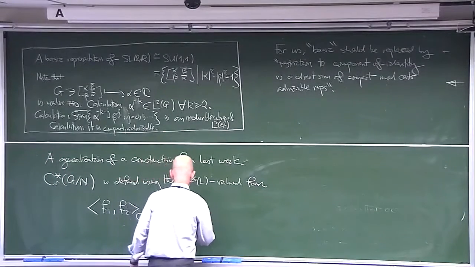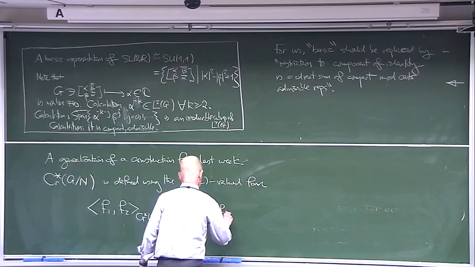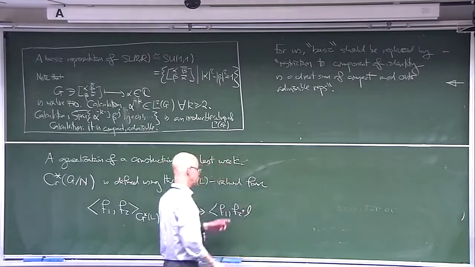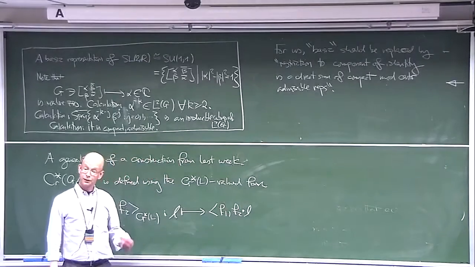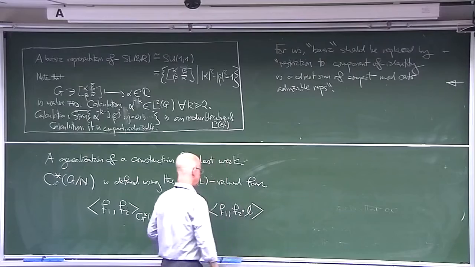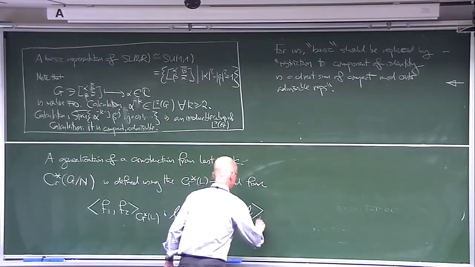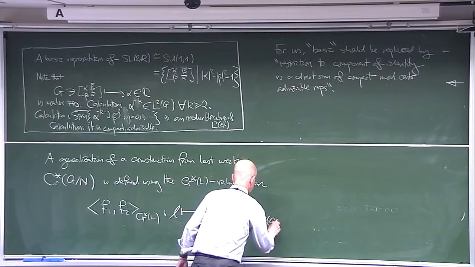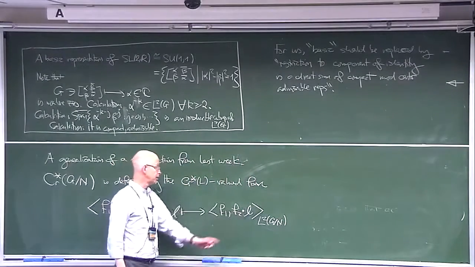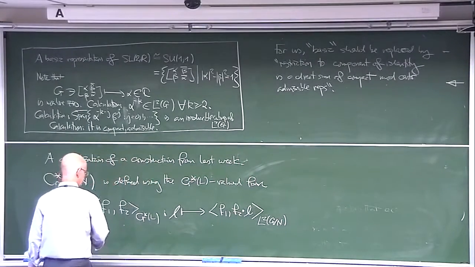It sends L to this: I'll take F1, and I'll take F2, and I'll translate it on the right by L. This is the translation operation that we discussed earlier today. And I'll take the usual L2 inner product. When I do that, I get a scalar. So this is a scalar function on the group L.